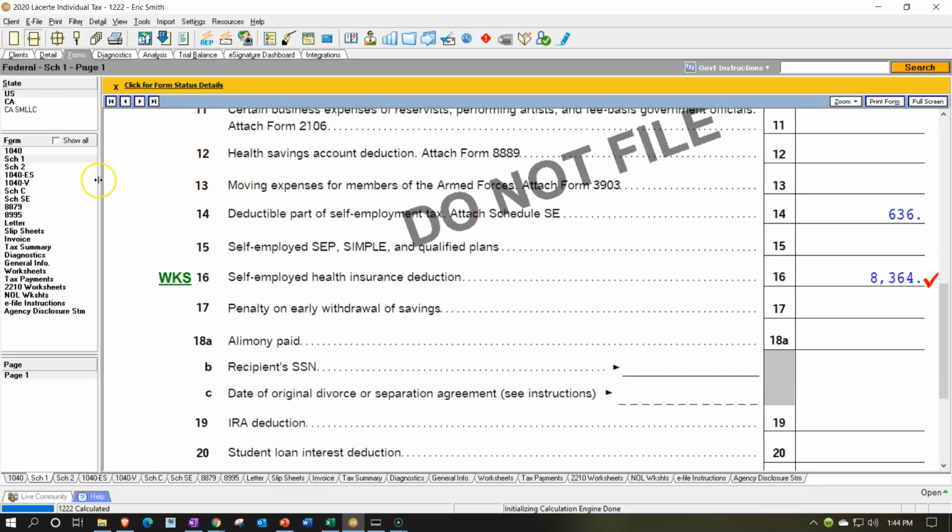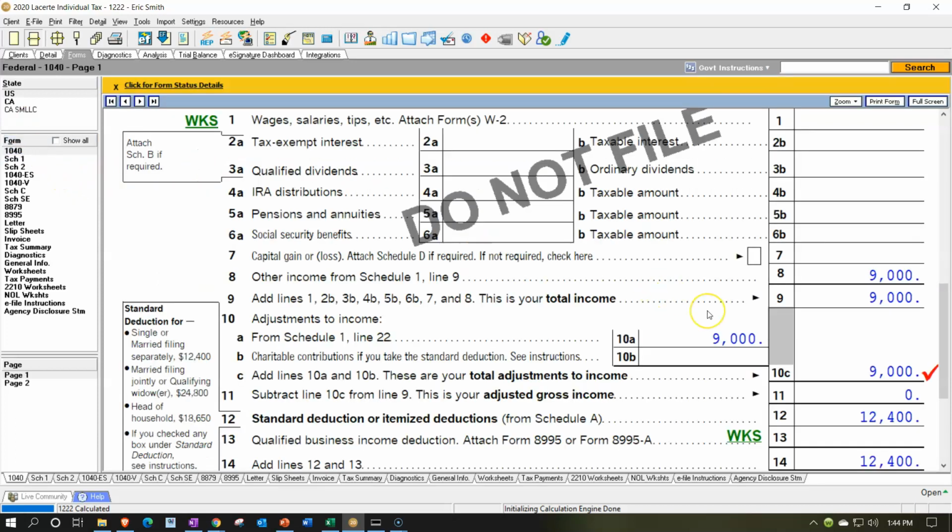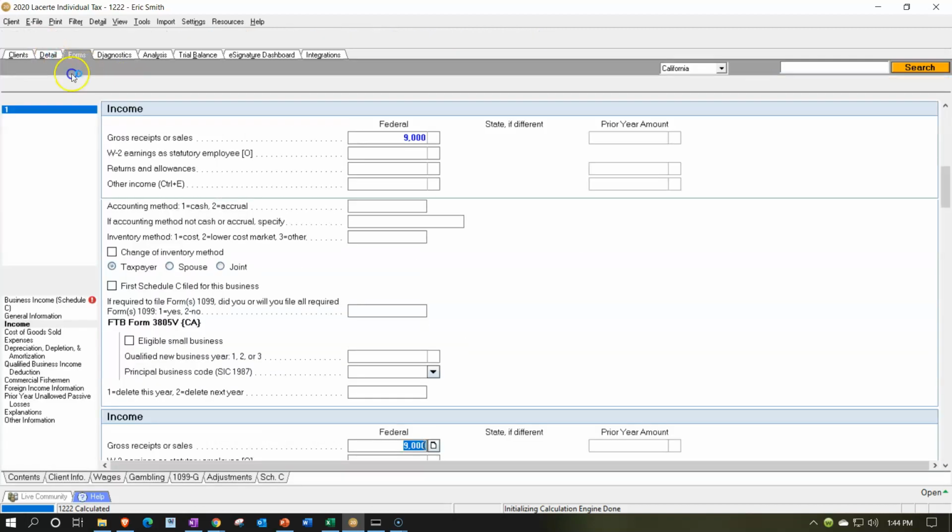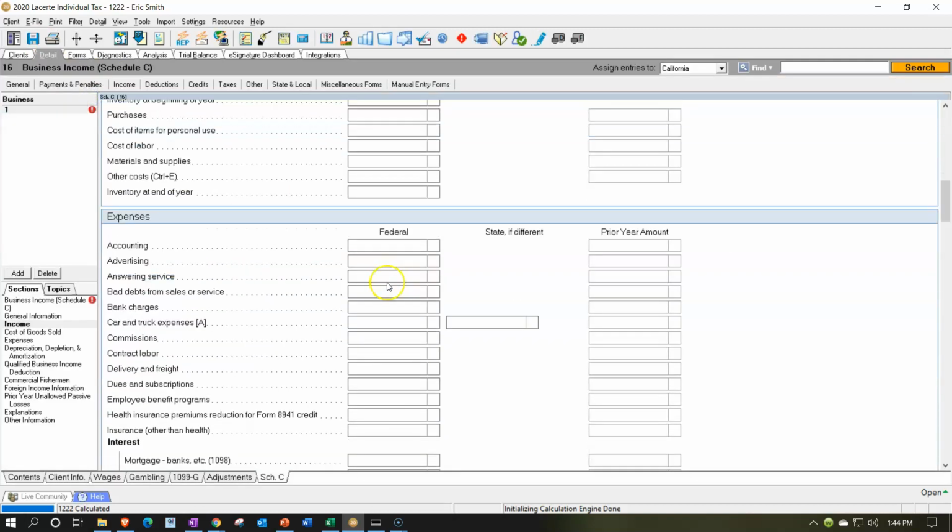It's saying, hey, look, we're not going to allow you to pull over basically a loss. We have the 9,000 here. We're not going to have a deduction related to that 9,000 that will take that into negative territory. Now, it is possible to have a negative just on your Schedule C. It just can't be driven by the health insurance deduction.